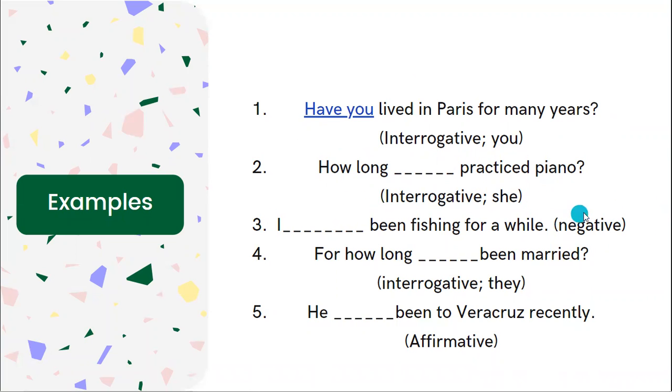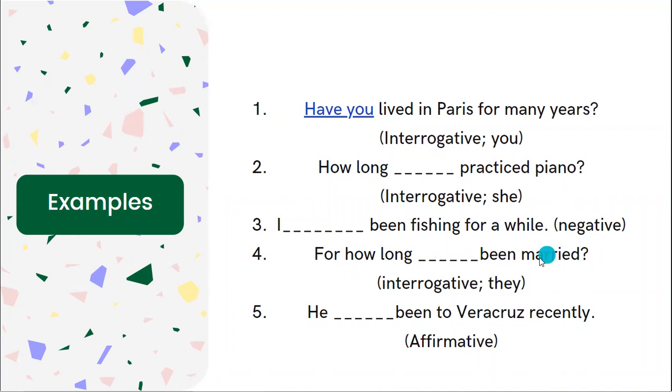Then we have a negative example. I have not been fishing for a while, okay? Number 4, interrogative with the subject they. For how long, notice here that we're using how long. For how long have they been married?